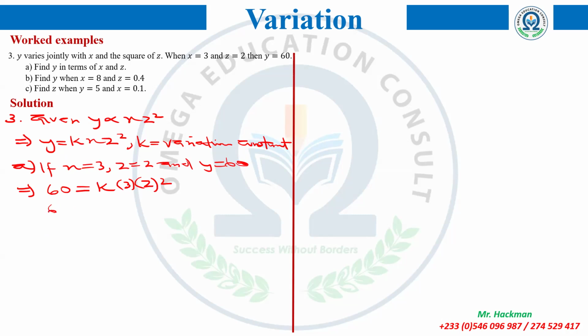So again, we get 60 equal to K times 3, and let's deal with the power first: 2 squared will give us 4. Am I right? So 60 will be equal to 3 times 4, which is 12, times K, so 12K.